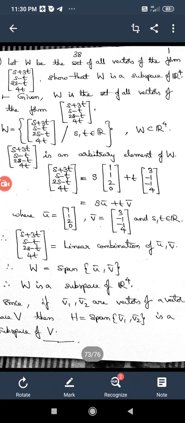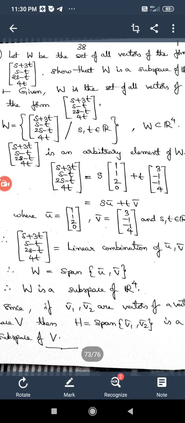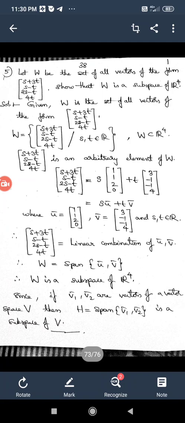As I said, R4 is the set consisting of all 4 by 1 column vectors with entries as real numbers, is viewed as a vector space by the prerequisites that we have gone through in the beginning of this subject.